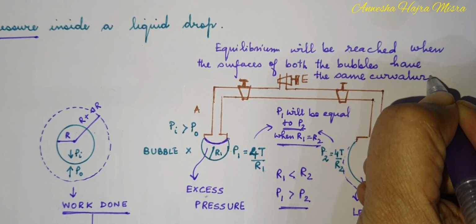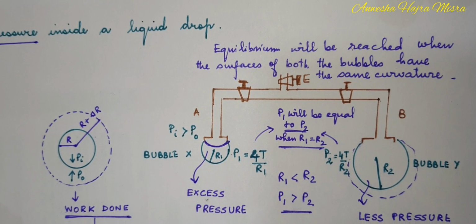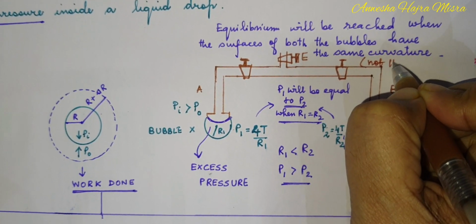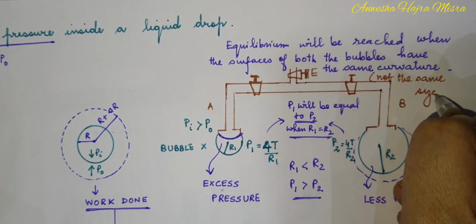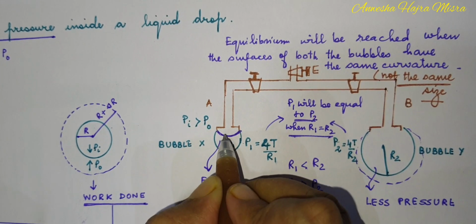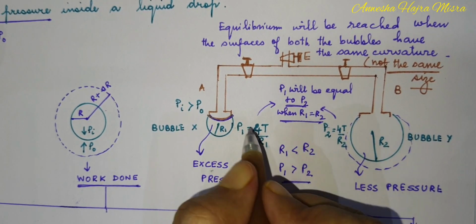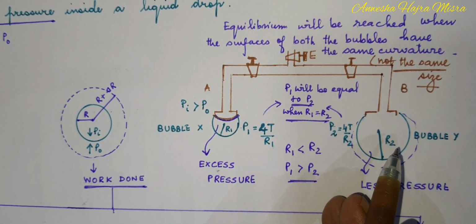But mind you, curvature does not mean that they should be of the same size. Not the same size. Their curvature should be the same, but size is not the same. This will further decrease, this will further increase.